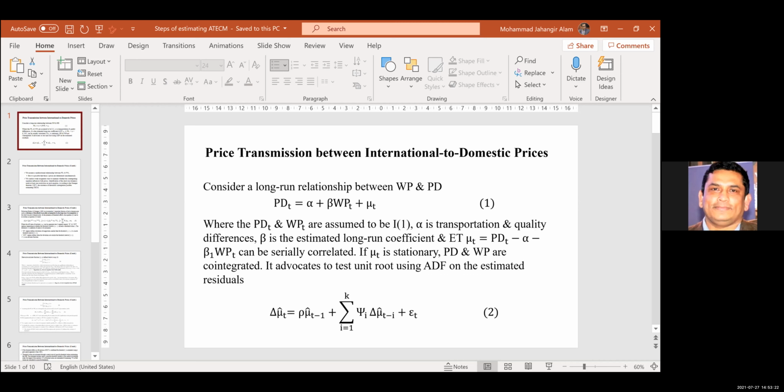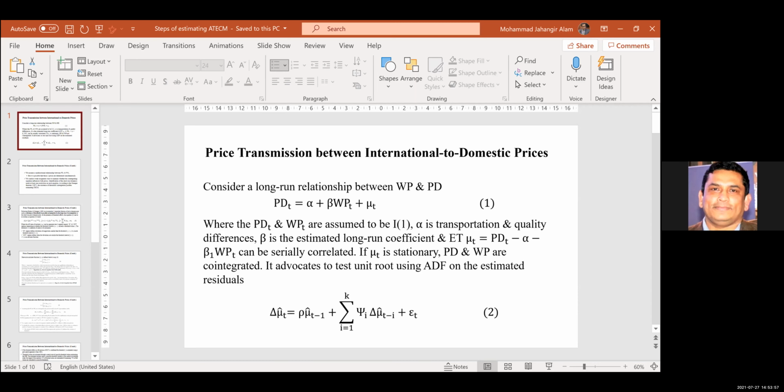For example, if the price of a commodity is 20 taka in Mymensingh and 30 taka in Dhaka, some commodity will move from Mymensingh to Dhaka, but that movement needs transportation cost and so on. So they will not immediately get the additional margin of 10 taka, as it requires transportation.